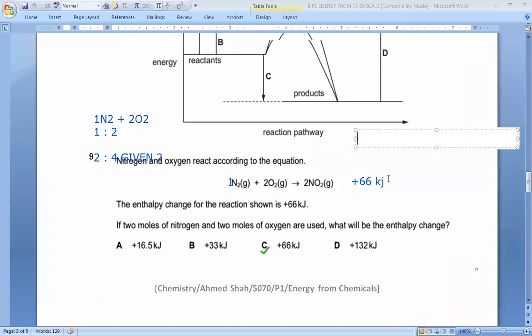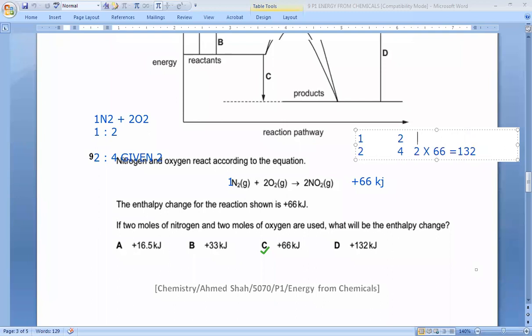If the nitrogen to oxygen ratio is 1 to 2, then if nitrogen is 2, oxygen should be 4. Then the value multiplied by 2, multiplied by 66, is equal to 132. But the ratio is given.